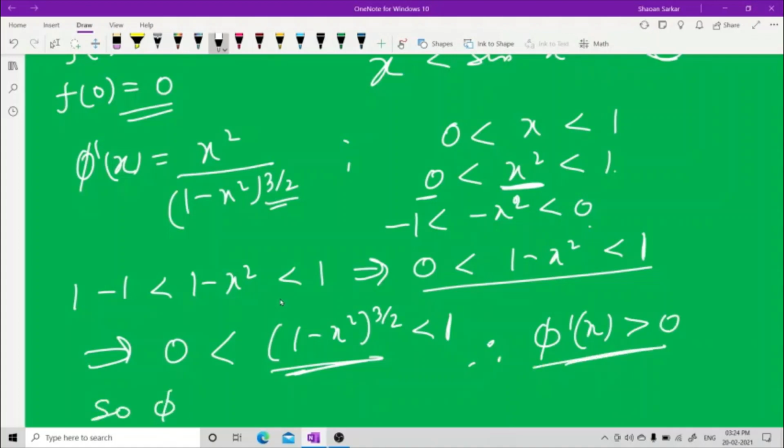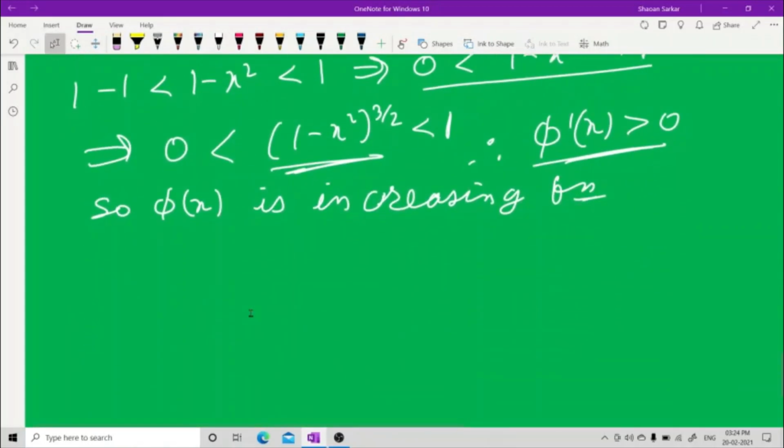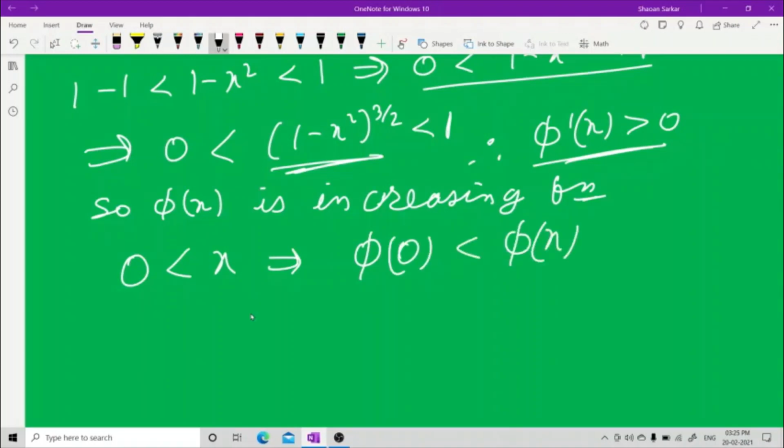So phi of x is an increasing function. Now 0 less than x implies phi of 0 is less than phi of x.